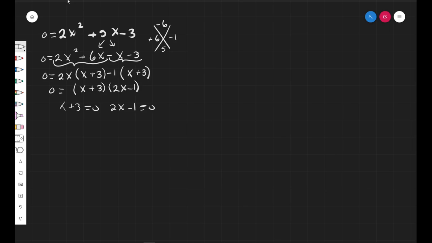So we're going to solve this one by subtracting 3 from both sides, and we're going to get x equals negative 3. And for this one, when we solve it, we're going to add 1 to both sides.